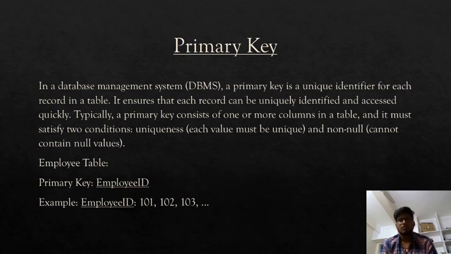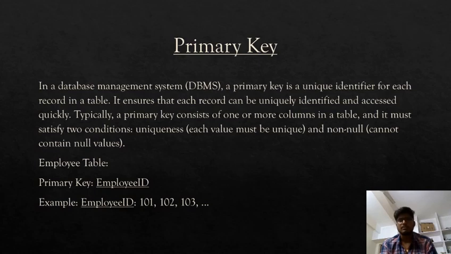If we want to point out a particular employee out of them, we have to use a unique identification of that person, right? At that time, the primary key plays a crucial role as the unique identification. In the employee example, employee ID plays a crucial role for the uniqueness of that employee.